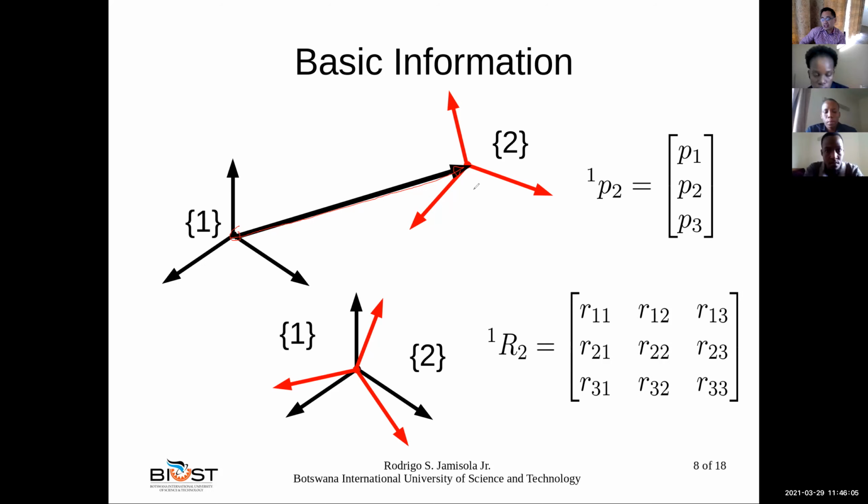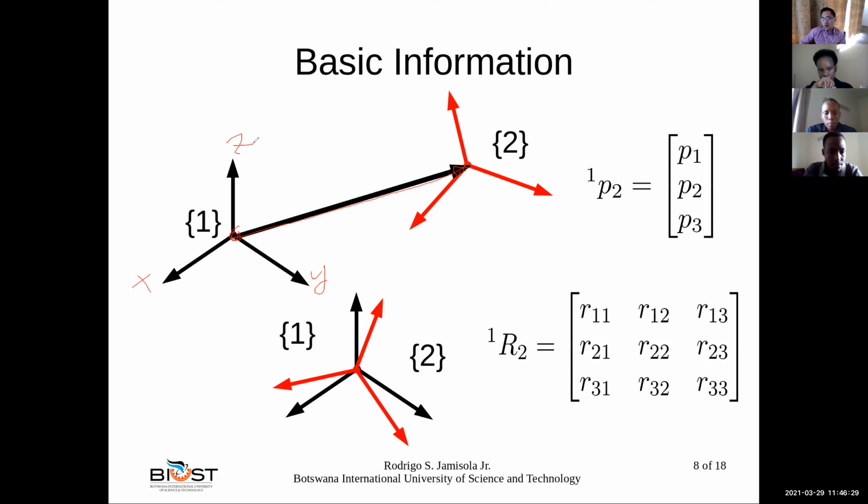We want to know the distance. We want to know the position of this point, the end of that vector, with respect to the base of it. So that's why we want to express this vector with respect to the x, y, and z component of this frame.